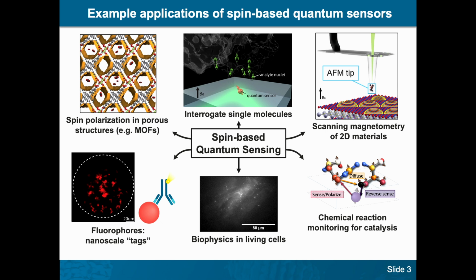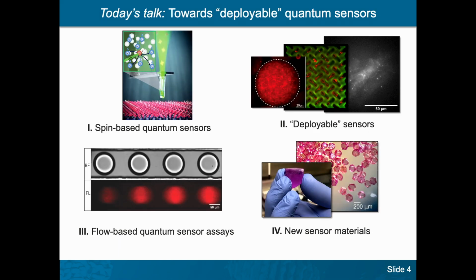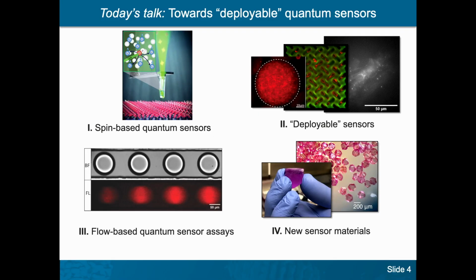So, these are, let's say, many of them aspirational, but I think very exciting directions by which quantum sensors can be applied. And you're really trying to interface them with the real world in these examples. So I wanted to give you an overview of the kind of things that quantum sensors can do. I'm going to start with some introduction, and then I'm going to talk about deployable sensors.